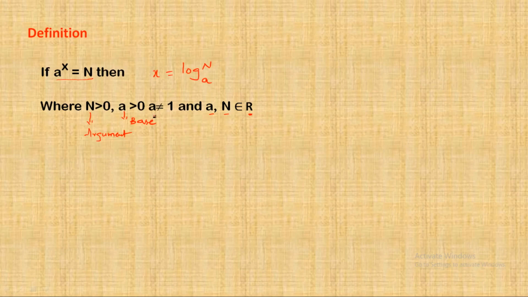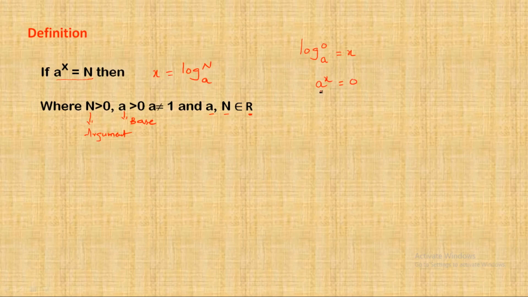So we have already seen these conditions in basic rules. Once we remind them, what happens if the argument becomes 0? Suppose logarithm of 0 to a base a, we need to find the value of this one. Let it be some x, then we can write it in exponential form as a power x is equal to 0.